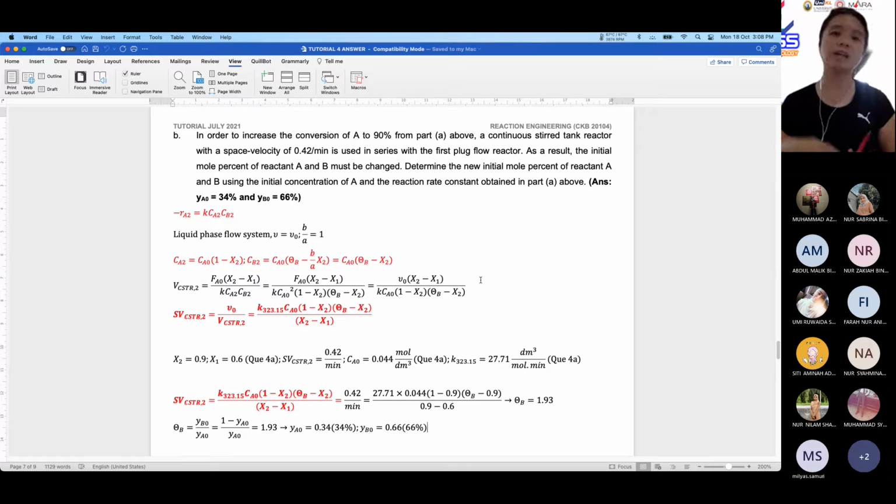Tapi PFR bersiri pun tak possible untuk saya tanya lah sebab equation dia integral akan jadi sangat complicated. CSTR bersiri is very possible for me to ask in test or exam. So make sure you know how to derive equation kalau CSTR tu dalam bentuk bersiri for the notes in chapter 4. Right, so done for question number 4.